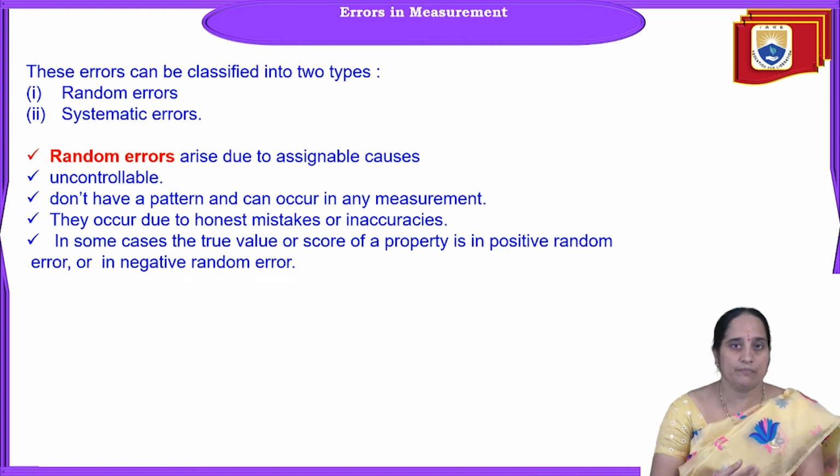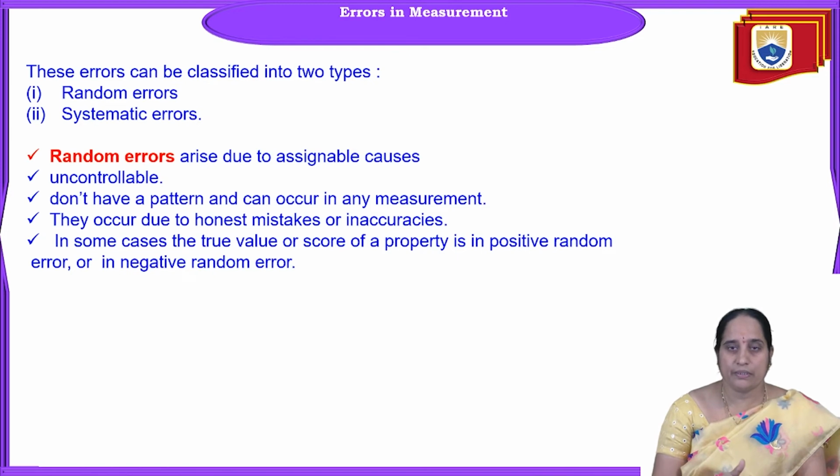Such errors are uncontrollable. They do not have a pattern and they can occur in any measurement. We cannot predict them because they are full of uncertainty.